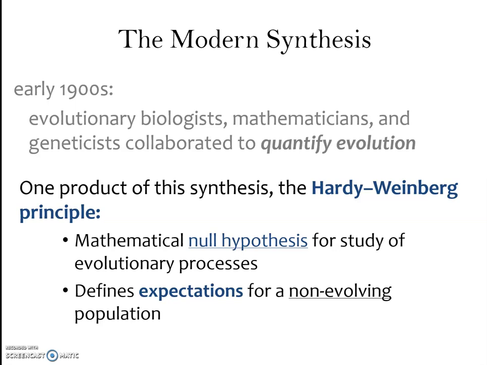This is what we expect if evolution is not occurring in the population. So this defines our expectations for a population that isn't evolving. So we can compare this expectation to what we actually observe to see if our population has evolved or is evolving.